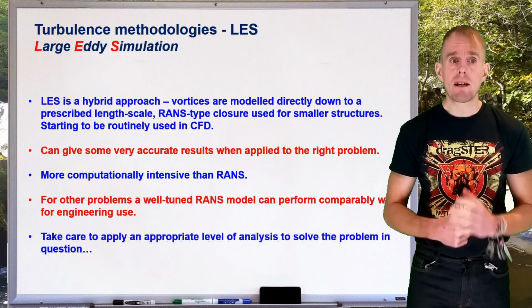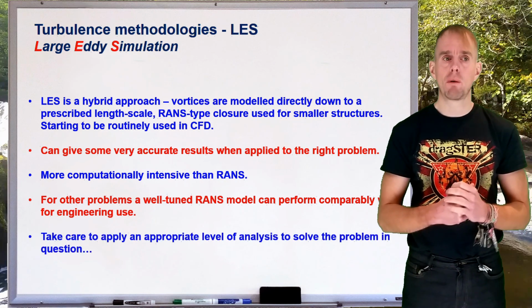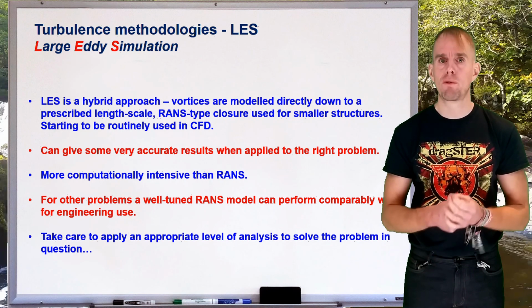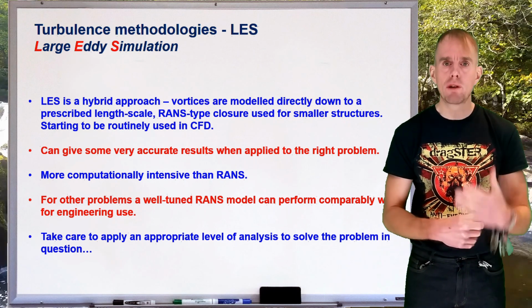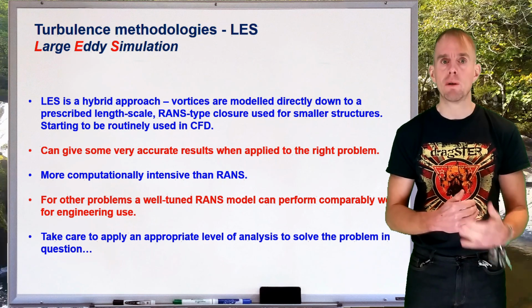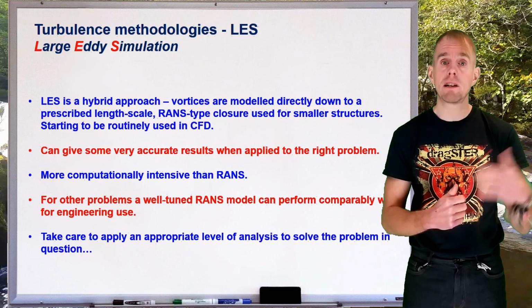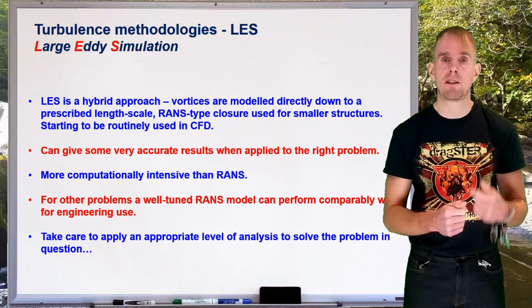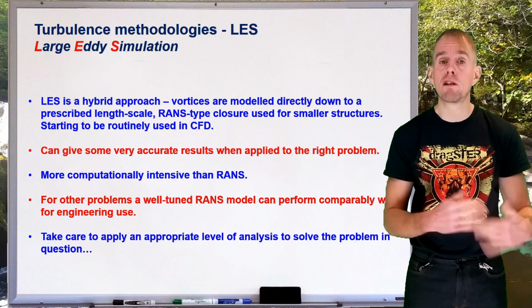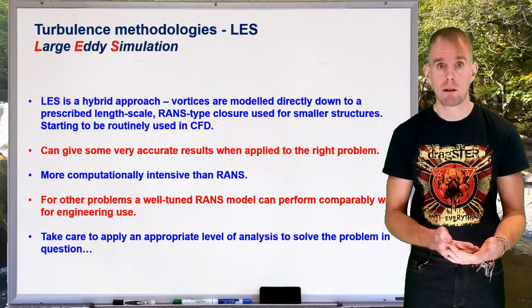So, the key to all of this is to always apply an appropriate level of analysis to solve the problem in question. You don't need to do direct numerical simulation to figure out properties to do an engineering design. You need direct numerical simulation to understand the incredibly detailed and complex flow physics that's going on, maybe to develop a new turbulence model.